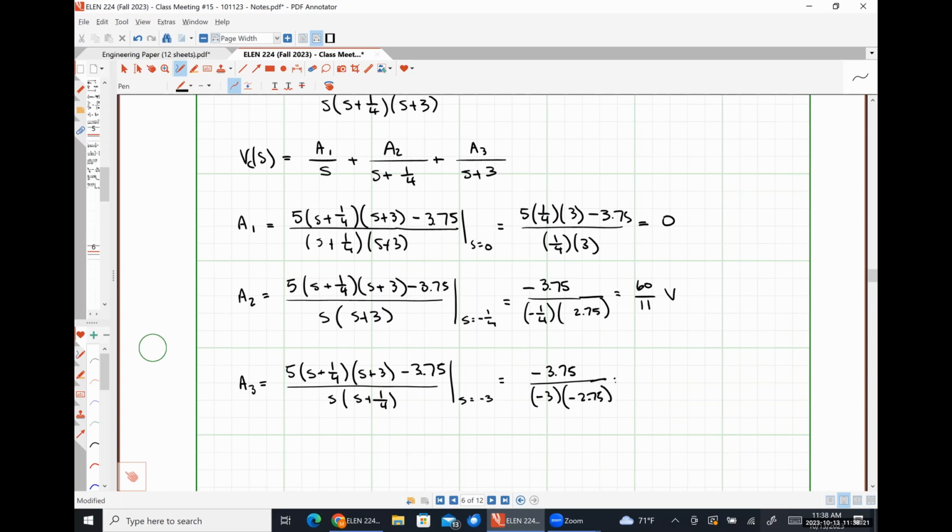My mental math is correct, which it has not been today for many things. So negative 3.75 divided by negative 3 times negative 2.75 is negative 0.45 repeating, so that would be negative 5/11 maybe.